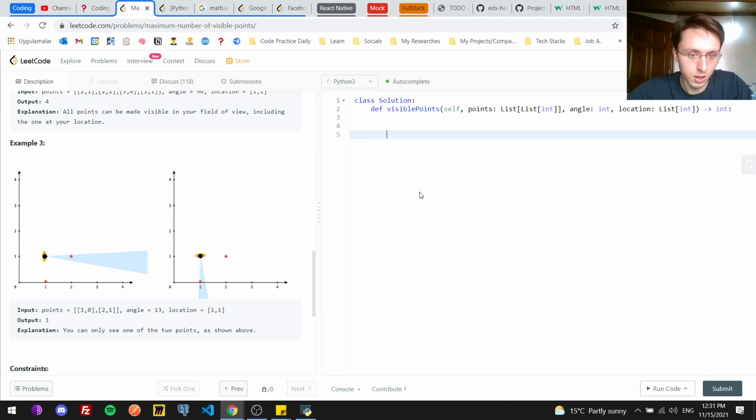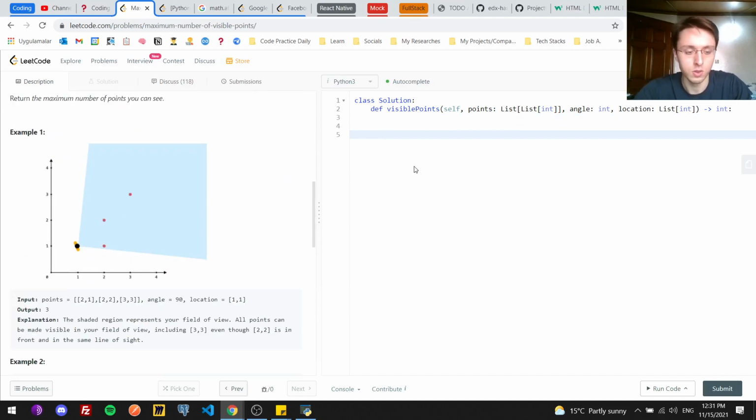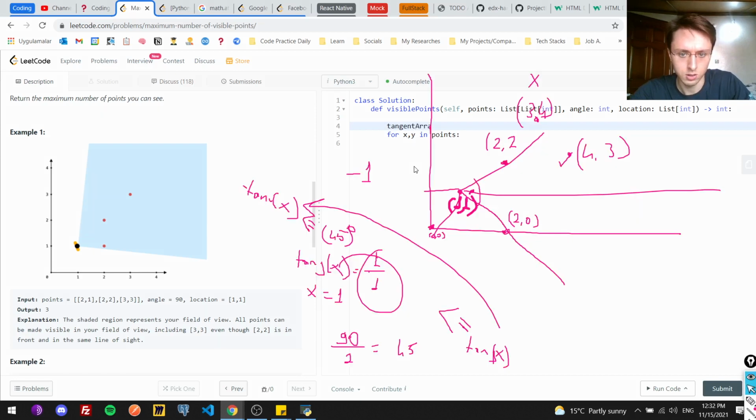So if I calculate for every point, for every x and y in points, we just calculate, I'm gonna have a tangent array, which will be like this.